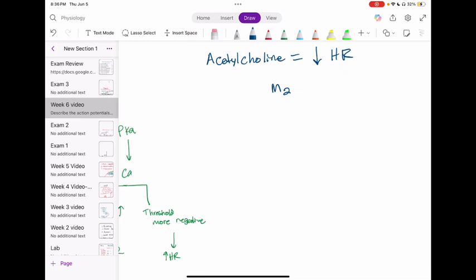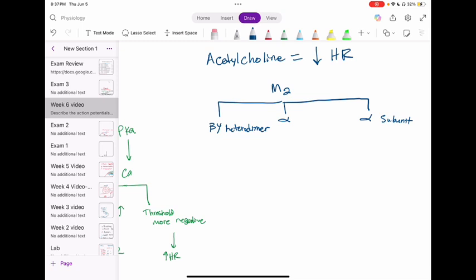So M2 is one that functions on the heart. So it affects the alpha subunit, and then the beta-gamma heterodimer over here.